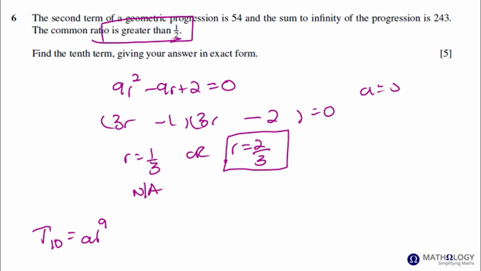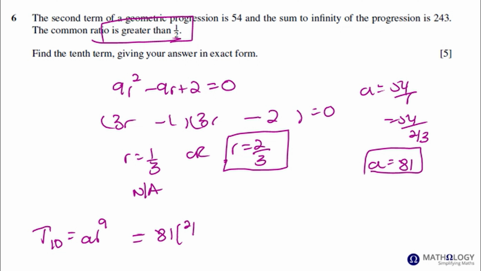So A is 54 over R, which is 54 over 2/3. So A is 81. So the 10th term equals 81 times 2/3 to the power of 9, which equals 512 over 243.